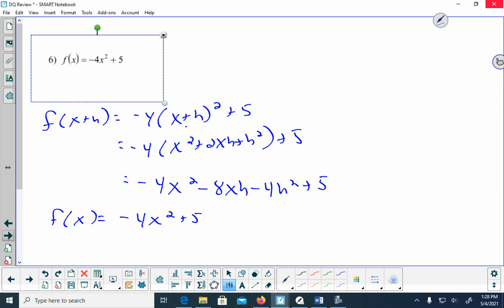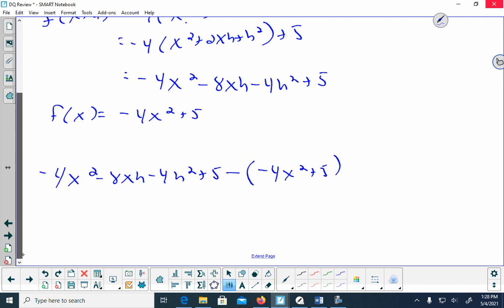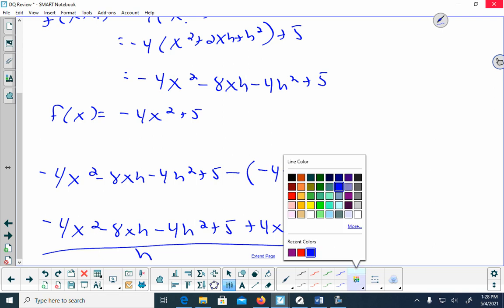Now I'm going to take the x plus h and subtract f of x, remembering to distribute my negative sign. This will be plus 4x squared minus 5, and this is all over h.